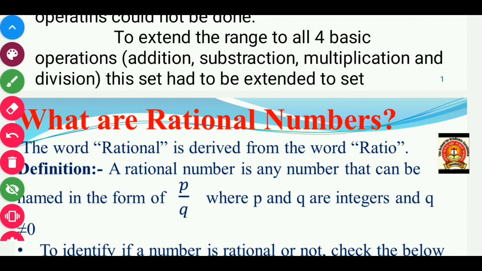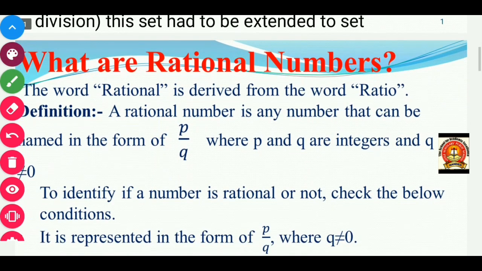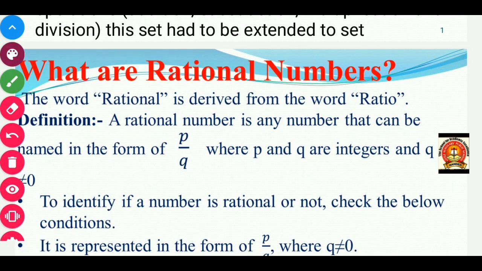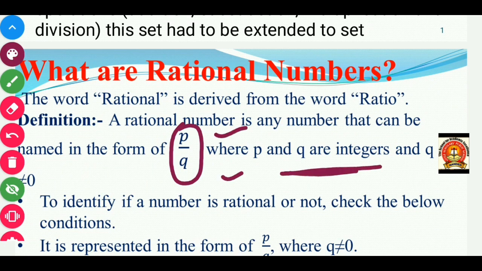Here we are having p by q, where p and q are integers, and the condition is there. The condition must be that q should not be equal to 0. It is the form of p by q, where p and q are integers, and one very important thing, the denominator part should not be equal to 0.